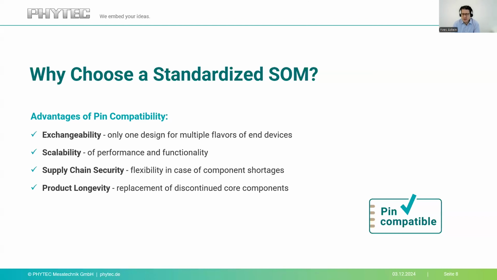Then you could just exchange the module with a module that has a chip that's available. And then, of course, product longevity. You can also replace system on module if the processor is discontinued. And so it just gives you security that your product, your investment that you made, will stay available.